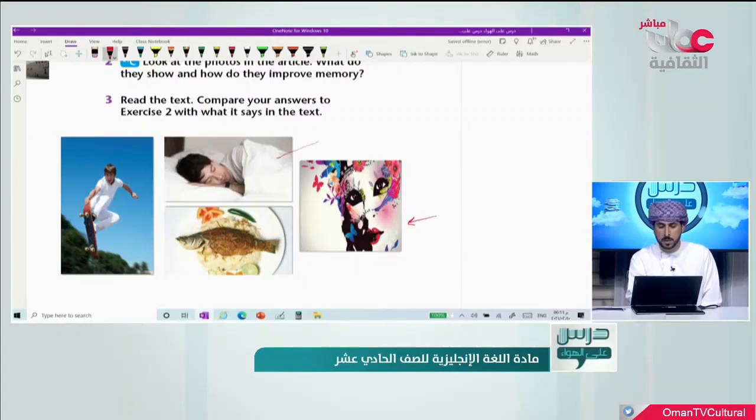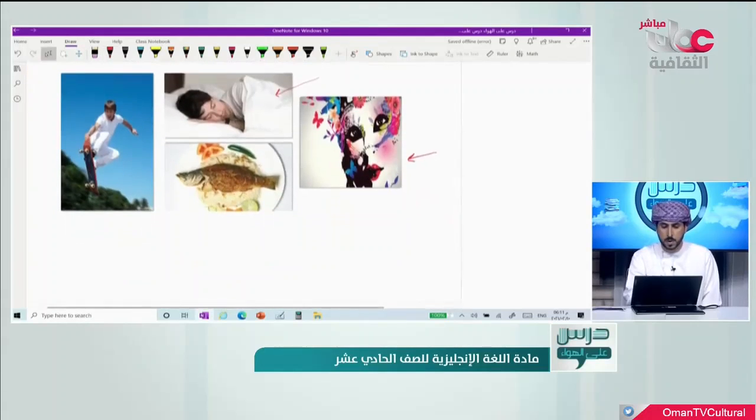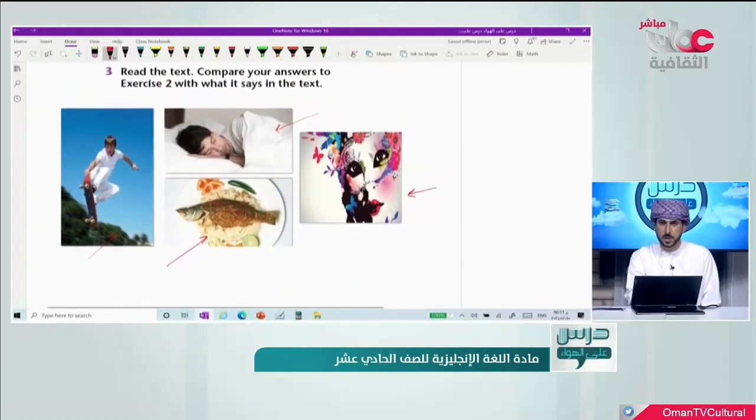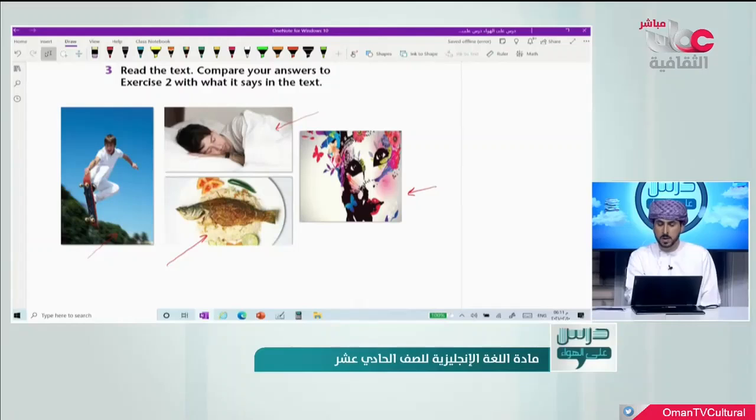Here we have a man sleeping. So it shows that maybe sleeping is very important for our brain. Here we have a plate of food, we have fish, and here we have a man exercising and doing sport. So just think about it. How are these things important for our memory and our brain?